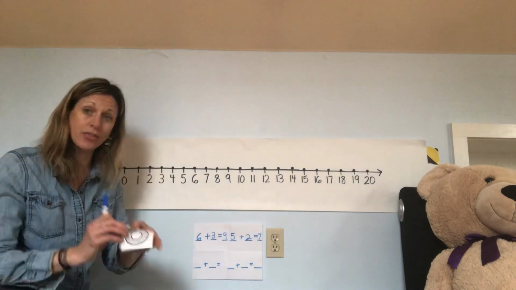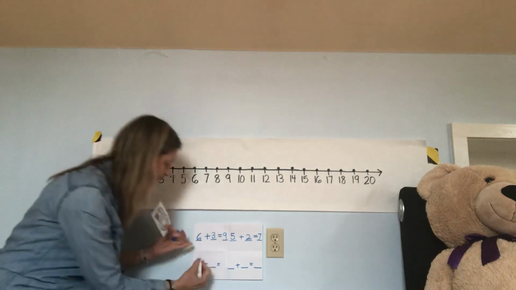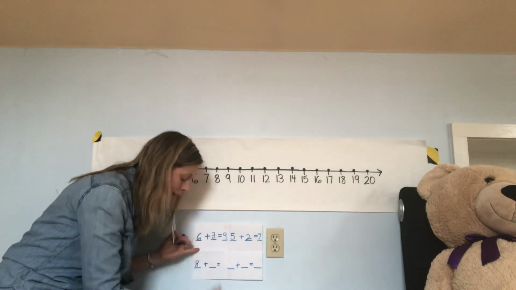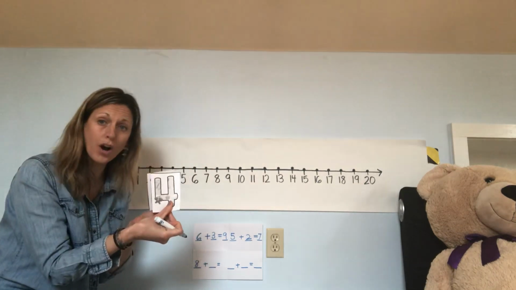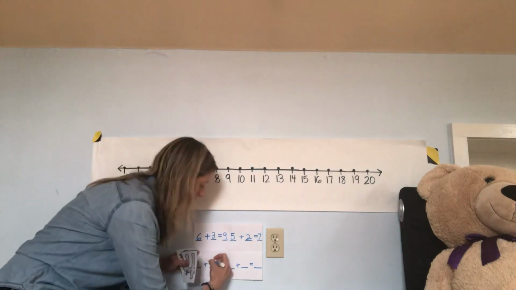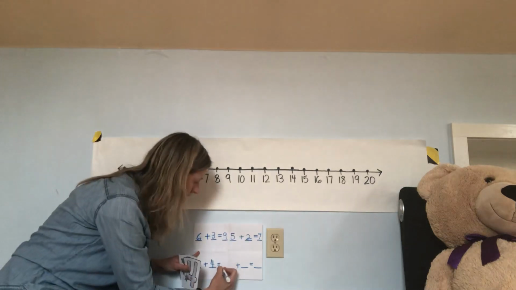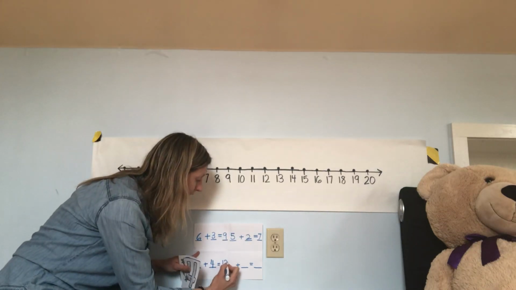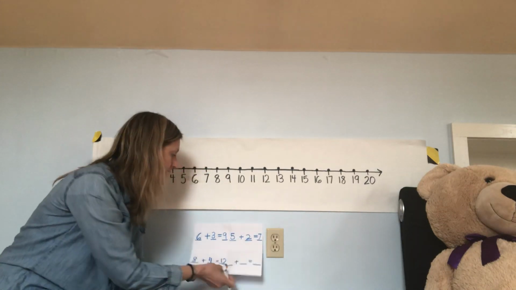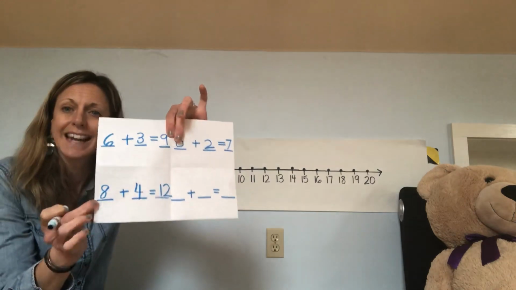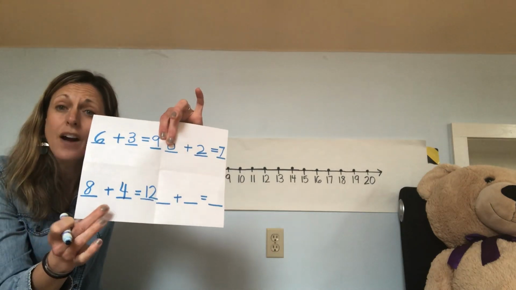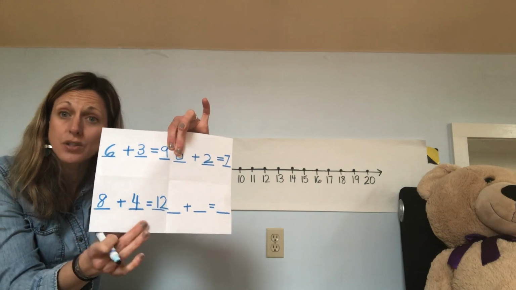We started with 8. We went 4 hops forward. And we landed on a tricky teen, 12. Let's look at that number sentence, friends. Here it is. 8 plus 4 equals 12.